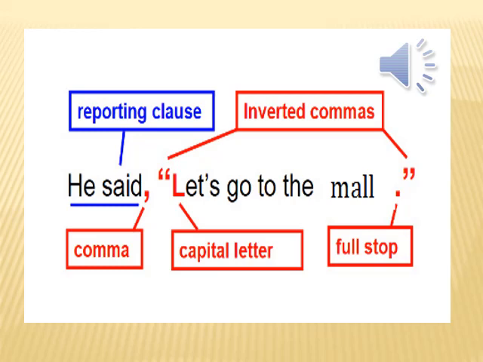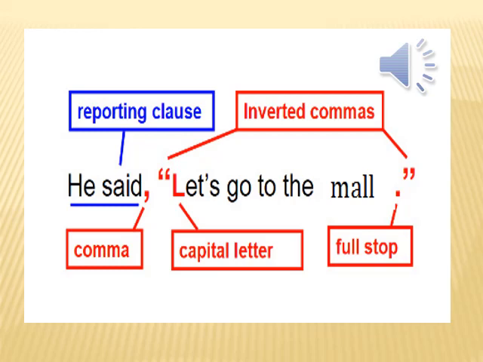It could also be singular or plural. That means I said, he said, she said, or if it is more than one person, then it could be they said, we said. So the reporting clause is the first thing that we write when we are writing a direct sentence. It is always followed by a comma.